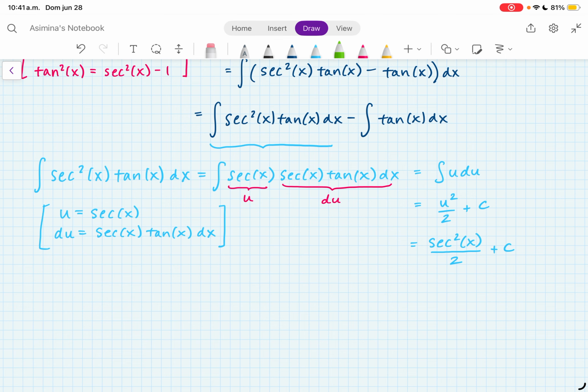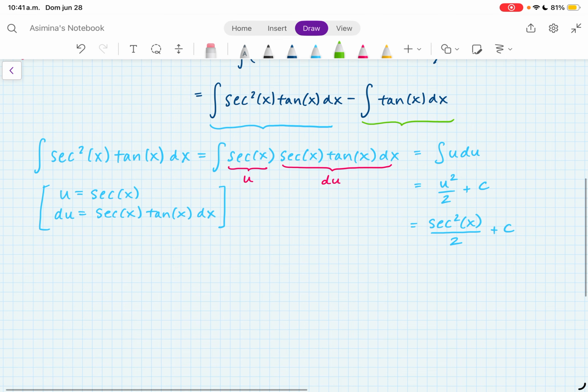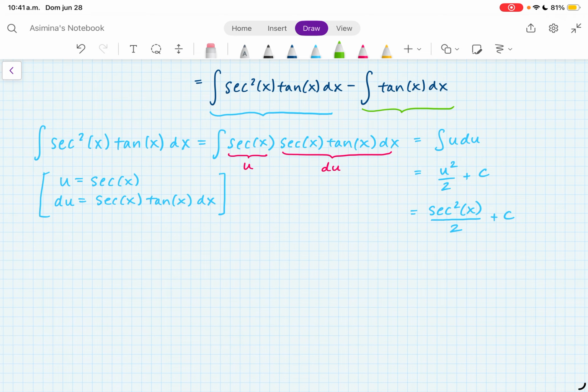Okay, now how about the second integral? Here we have the integral of tan x dx. I don't know what the antiderivative of that is right away, but I do know that I can rewrite tan as what? Sine over cosine. So I can write this as the integral of sine of x over cosine of x dx.